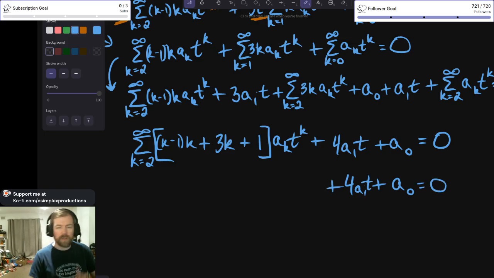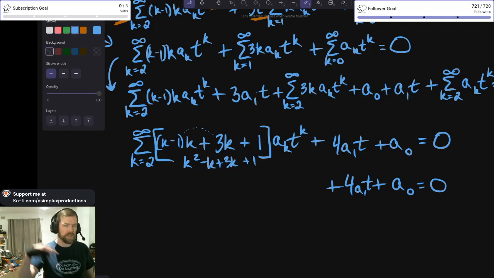Then we've got next term, we plug in k equals 2 to all that stuff there. We could also simplify a little bit here because we have a k minus 1 times k. So k squared minus k. And then that minus k and the plus 3k can combine. So we can make this k squared minus k plus 3k plus 1, so plus 2k.